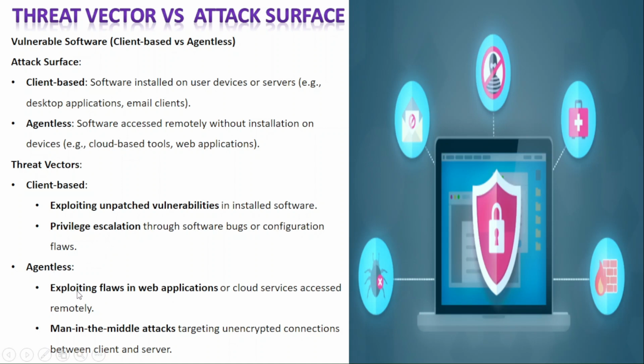And in the case of agentless, the threat vectors include exploiting flaws in web applications or cloud services accessed remotely. Since these applications are accessed remotely, man-in-the-middle attacks can target unencrypted connections between client and server. Since these are agentless and accessed over the cloud or over the internet, if the connections are unencrypted, a man-in-the-middle attack can occur.